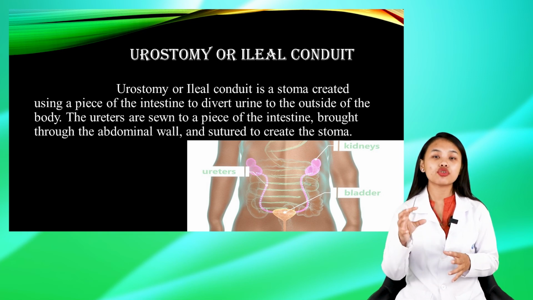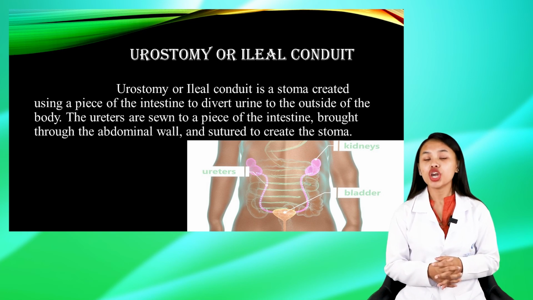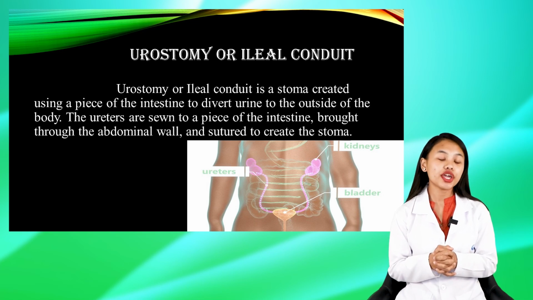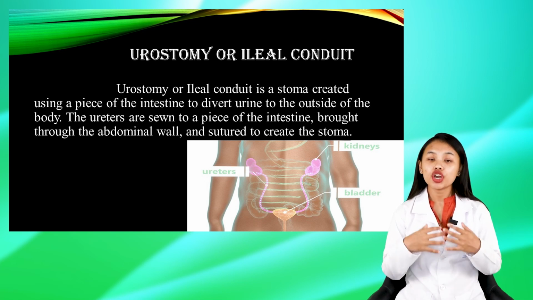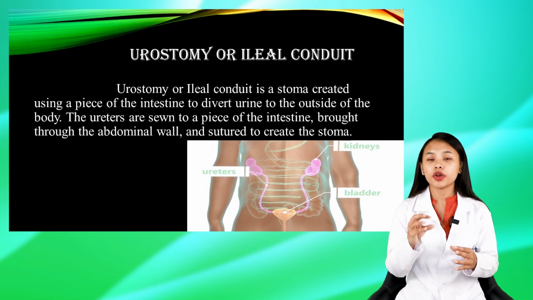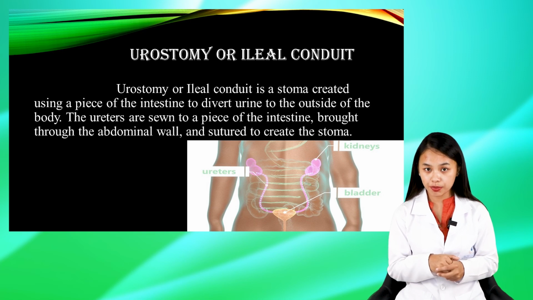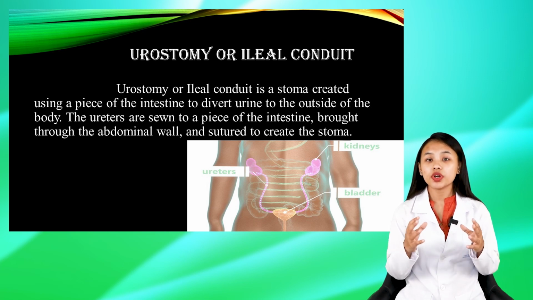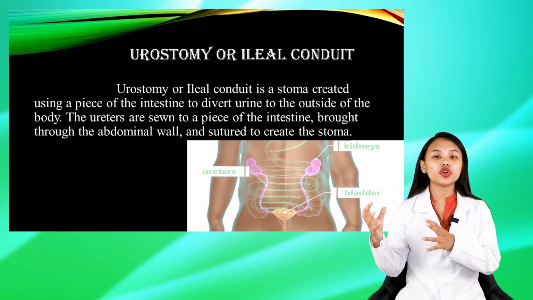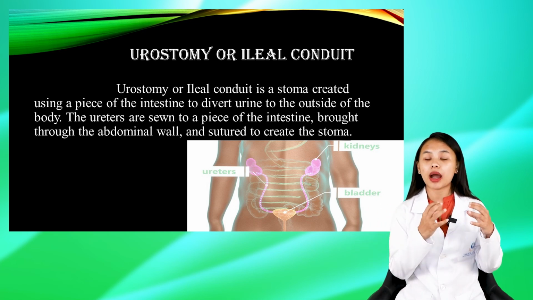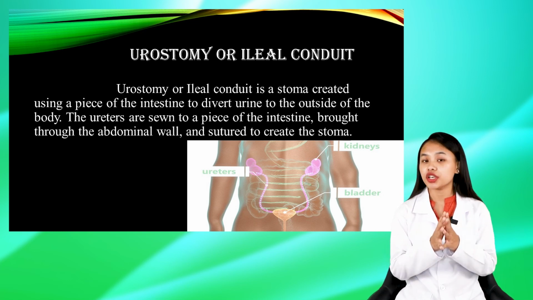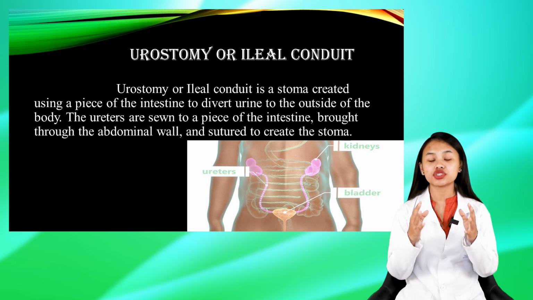Here a stoma can be created using a piece of the intestine in order to divert urine to the outside of the body. When we make this opening, the ureters will be stitched to a part of the intestine which is brought through the abdominal wall and sutured in order to create a stoma.